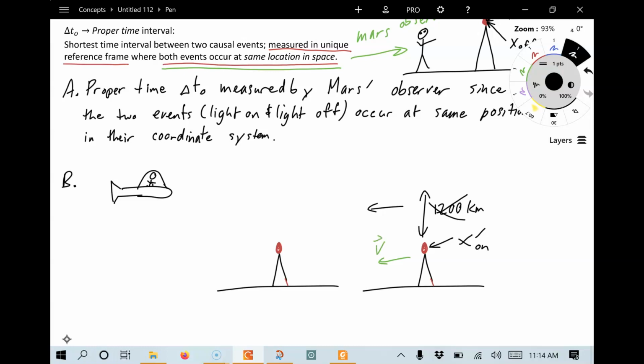And once the light finally turns off, according to the space shuttle, who thinks they're just sitting there at rest, they watch this light has moved this much closer to them. The two positions, X on prime and X off prime, are not the same. Therefore, this is occurring at two different spots. This is a dilated time.